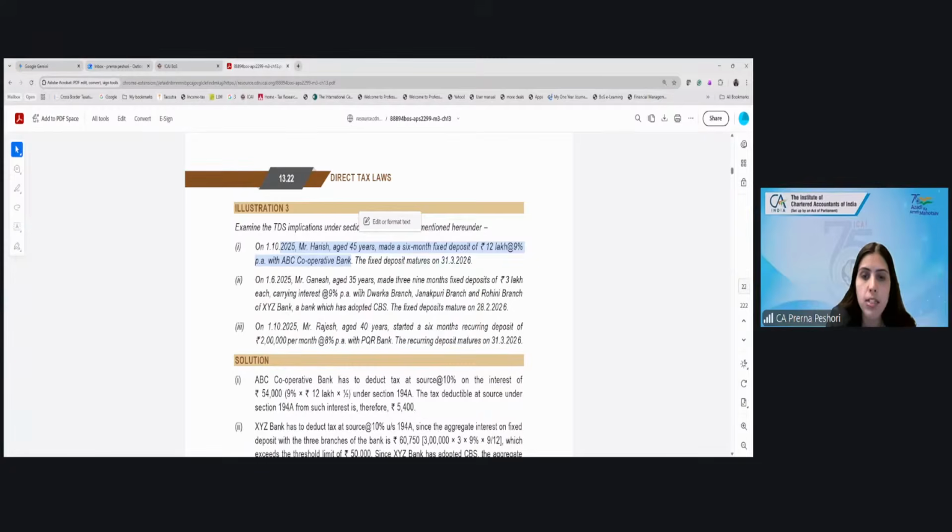The fixed deposits are maturing on 28 February 2026. Whether the TDS is to be deducted?